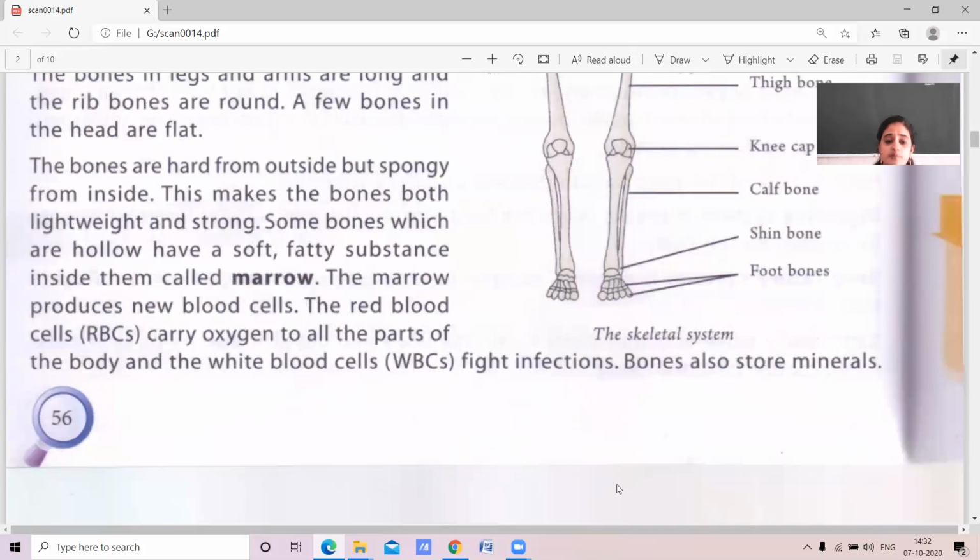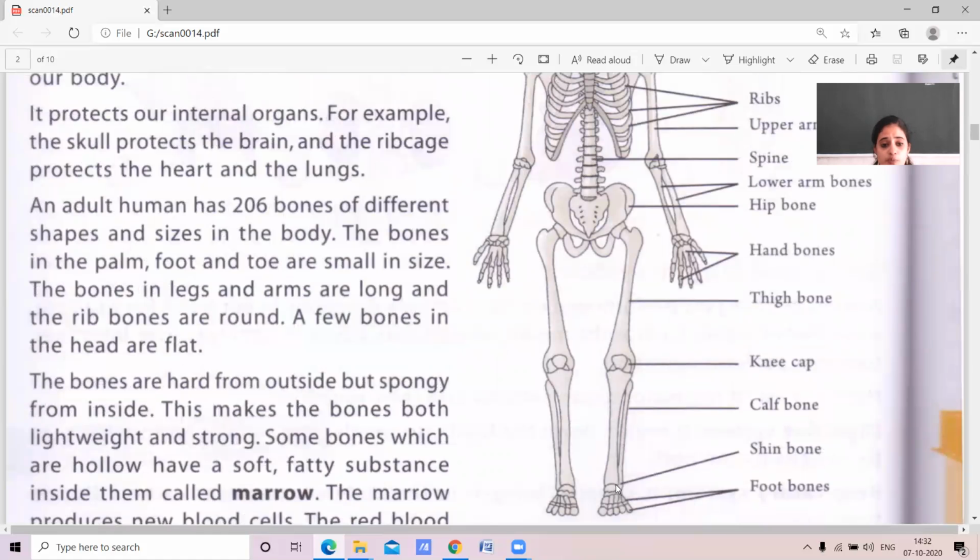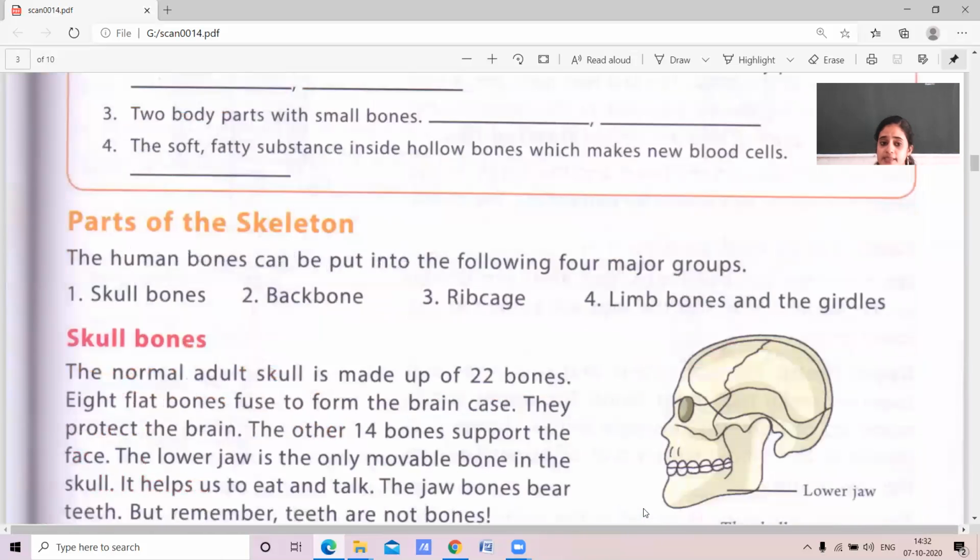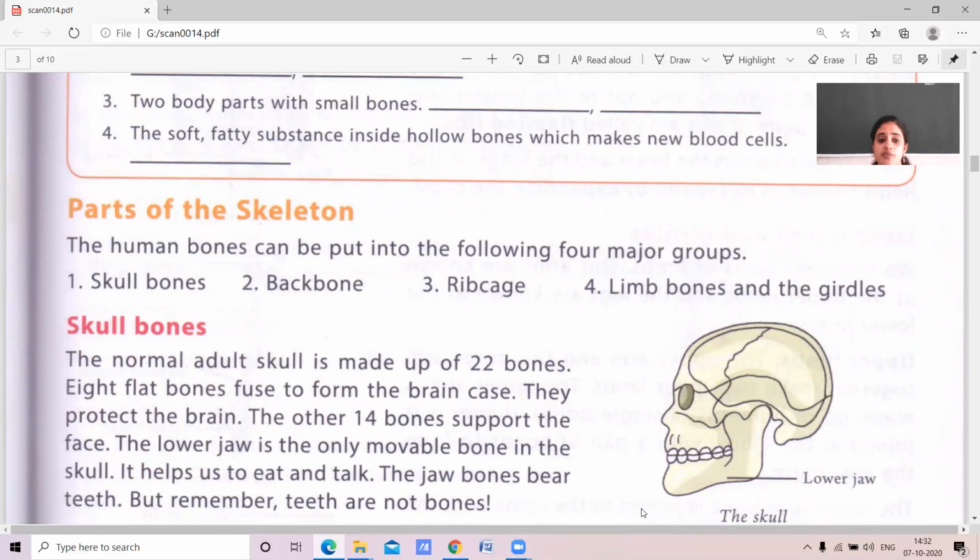In the skeletal system, we learned about the number of bones present, bone marrow, and the different parts of the skeleton: the skull bone, backbone, rib cage, limb bones, and the girdles. In this class, we have completed this content. In the next class, I am going to continue with the rest of the content in this lesson.